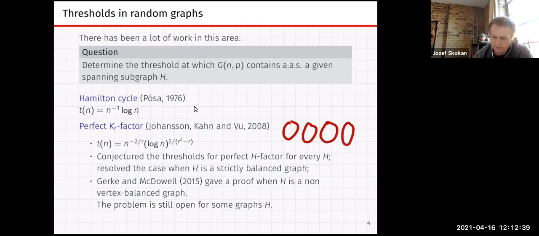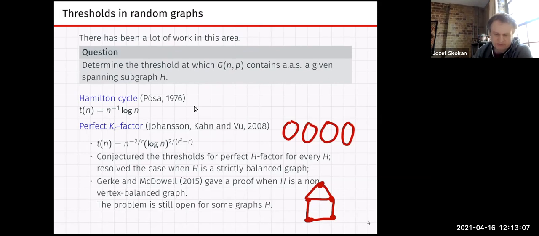Maybe you would be curious to know that the simplest example of a graph for which this is not resolved is if you take the square and you give it a hat. If you want to find the threshold for random graphs to have a factor with copies of this house, then that's still some log factors off the conjectured answer.